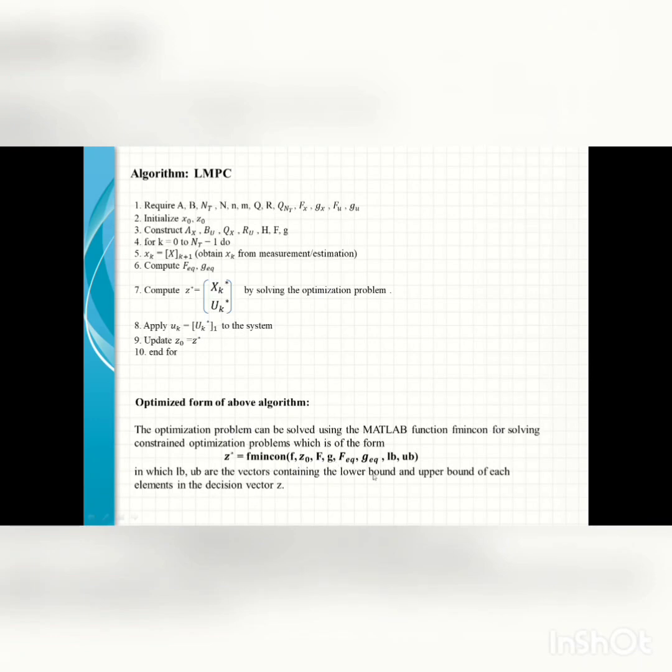These are defined values, and we'll limit the process with boundaries, a lower boundary and an upper boundary for z, by limiting the values of x and u here. And this is the MATLAB function which is going to compute the z values by giving it these inputs.